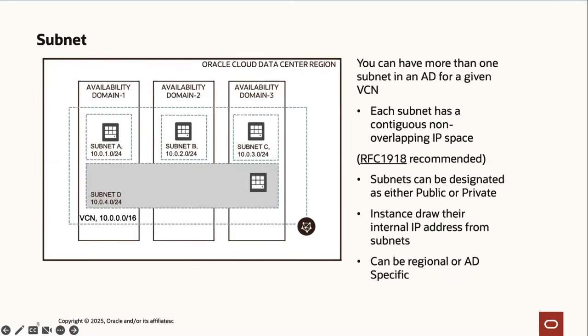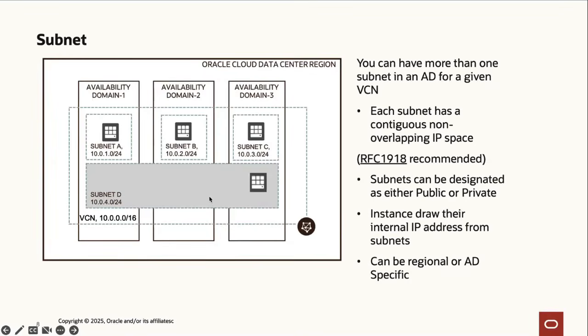Historically, subnets in your VCN have been specific to an availability domain. As you can see here, subnets A, B, and C are availability domain specific subnets. But more recently, OCI has introduced regional subnets, which would be subnet D here as an example.